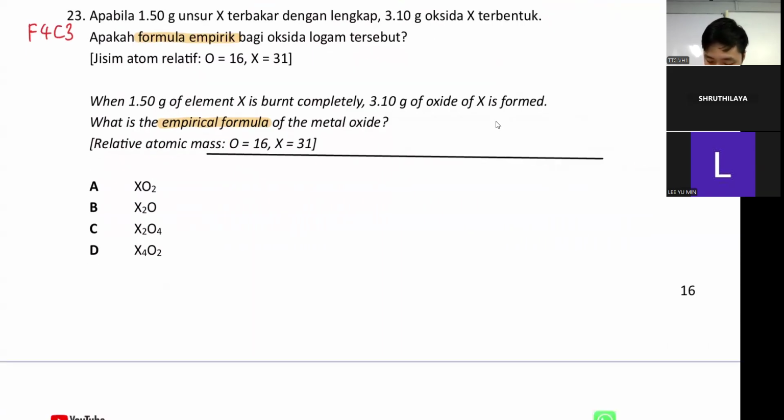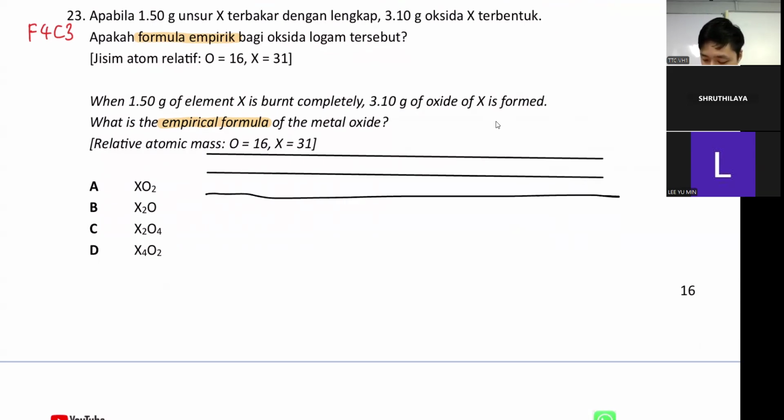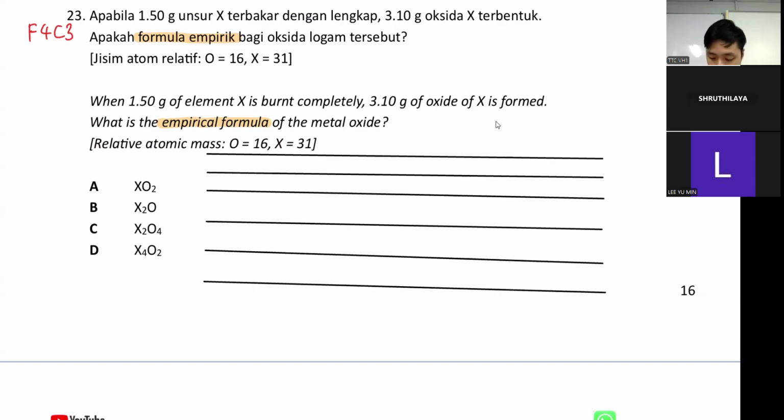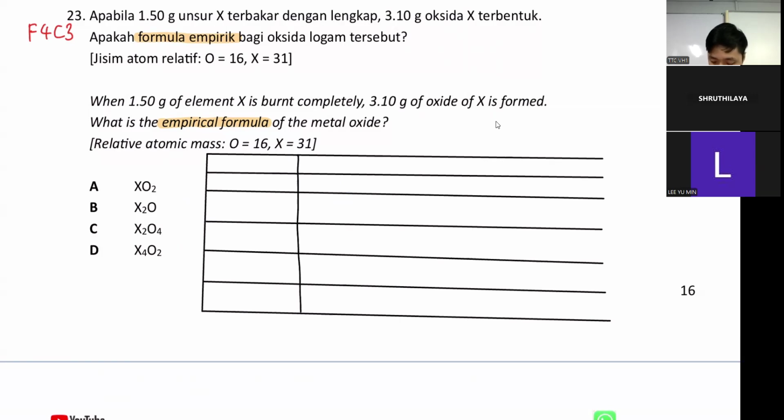I draw the small mini version because it has limited space. So 1, 2, 3, 4, 5, 1 more, 6.